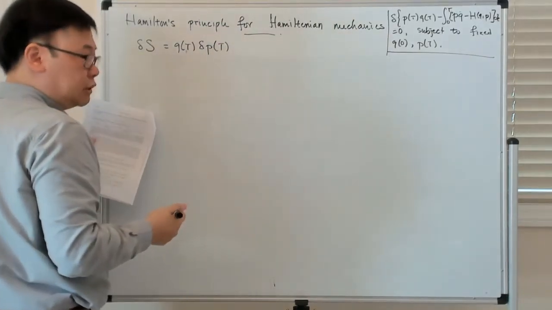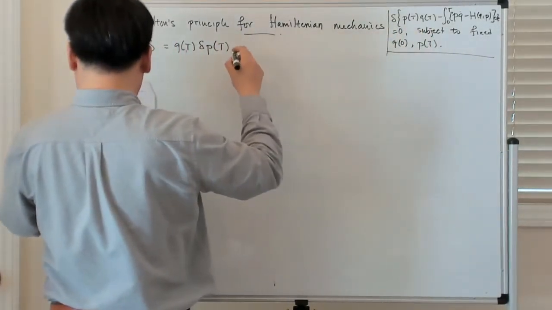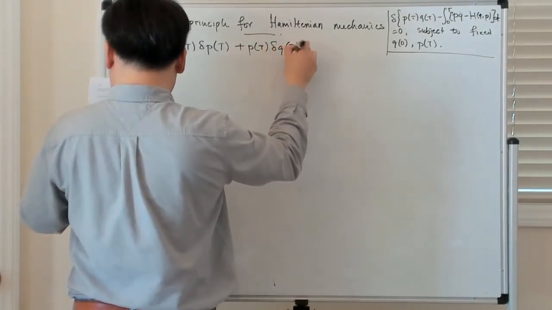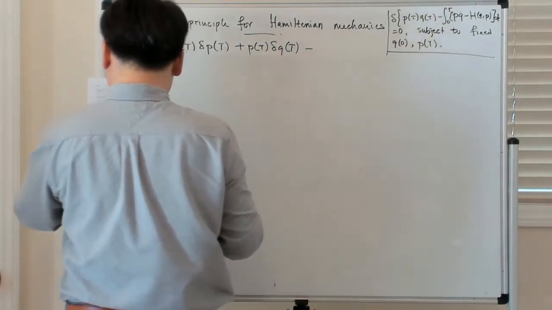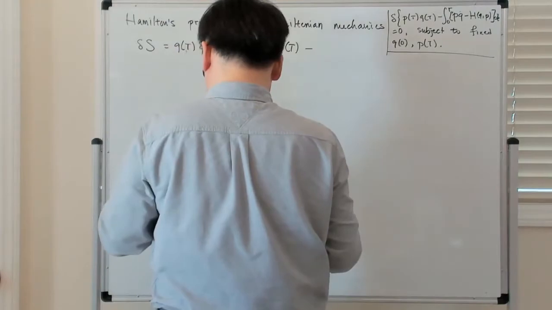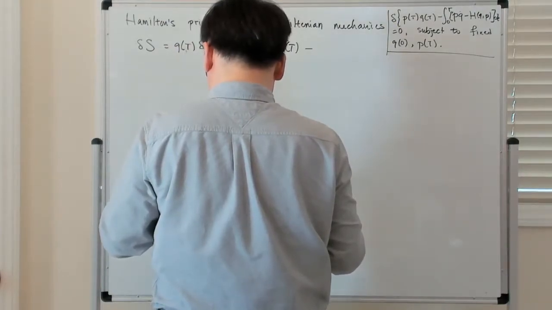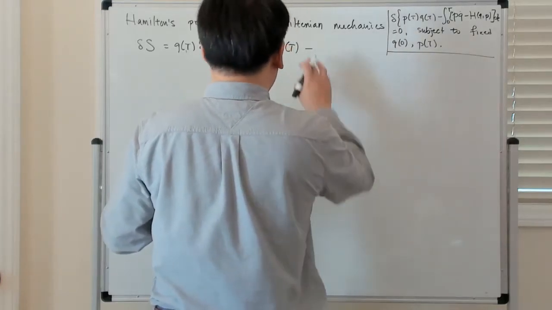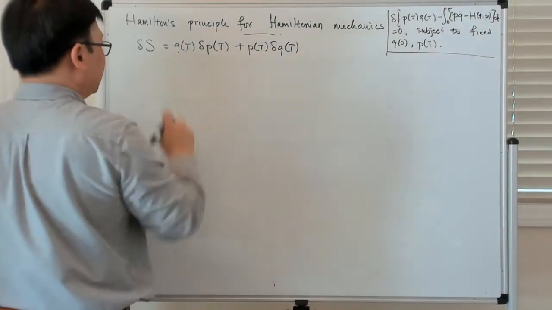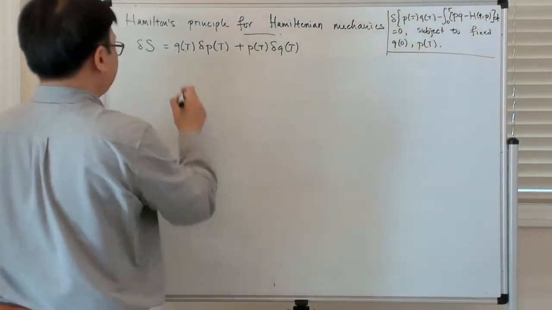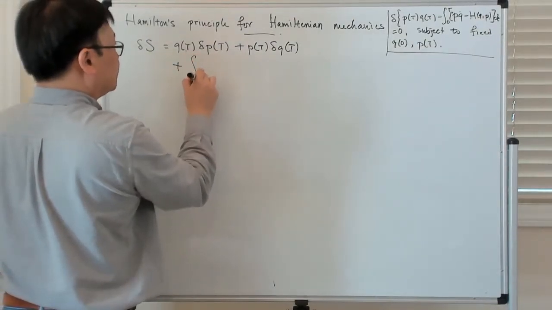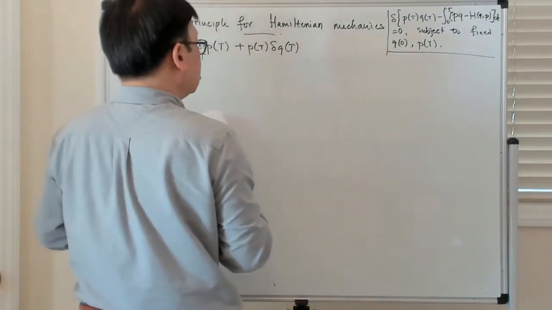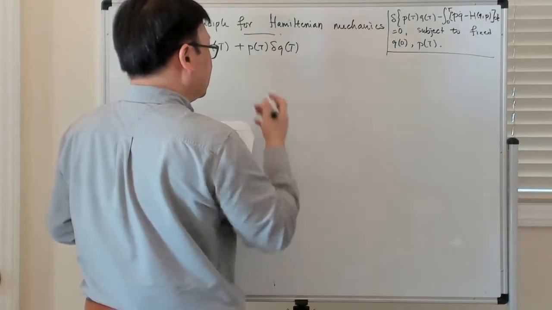So this is just the product rule basically applied to this first term, plus p at the final time times the variation of q at the final time, plus the integral from 0 to T of, let me differentiate with respect to q first, right?